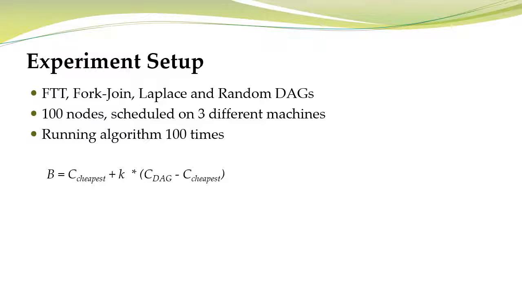C DAG is the total cost of the assignment produced by the DAG scheduling heuristic used for the initial assignment when the loss approach is considered, and C cheapest is the cost of the cheapest assignment. This approach allows us to consider values of budget that lie in 10 equally distant points between the money cost for the cheapest assignment and the money cost for the schedule generated by HEFT or HBMCT.